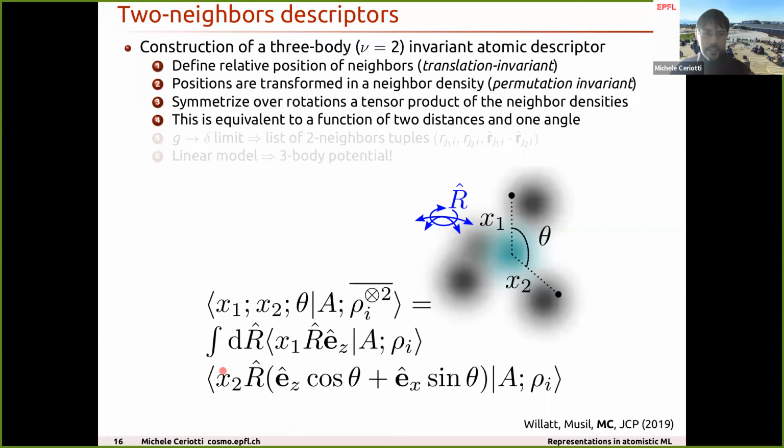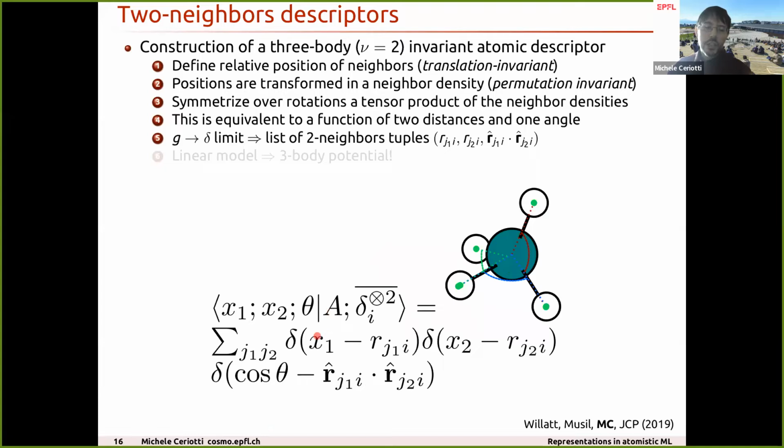So if we take the sharp Gaussian limit of this object, what we have is a sum over pairs of neighbors of delta functions, delta distributions, since I'm speaking with people with more mathematical rigor than the audience I usually speak to.